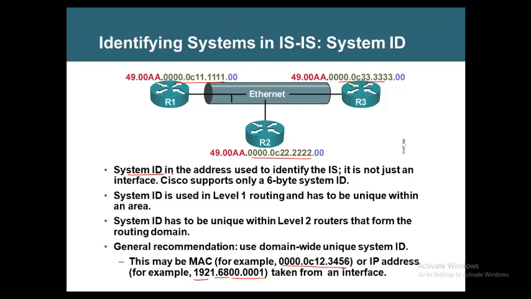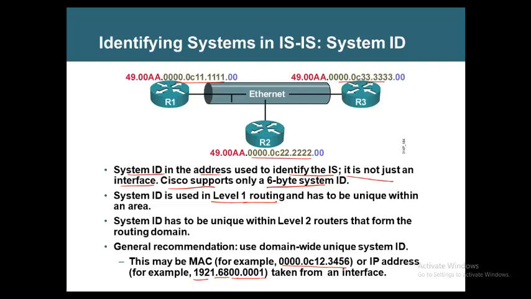System ID in the address is used to identify intermediate system router. It is not just an interface, it is the entire router. Cisco supports only 6 byte of system ID. வேற வென்டரும் நம்ம செக் பண்ணணும். Next, system ID is used in L1, level 1 routing.